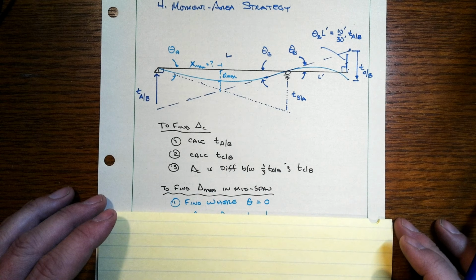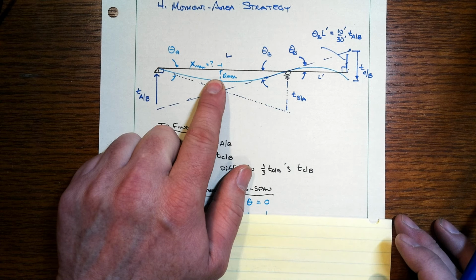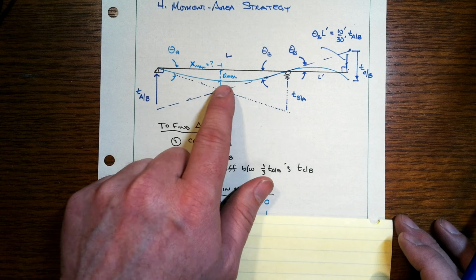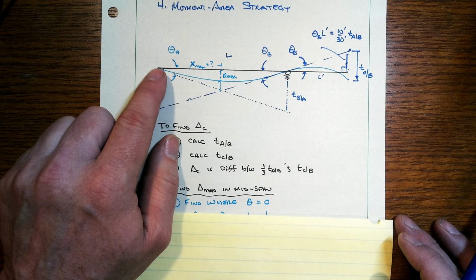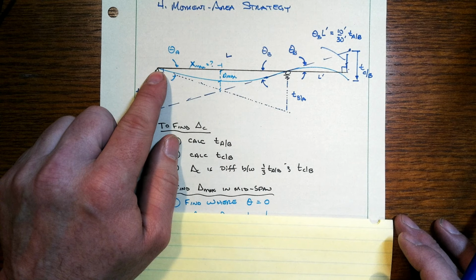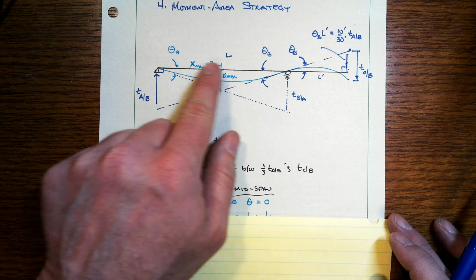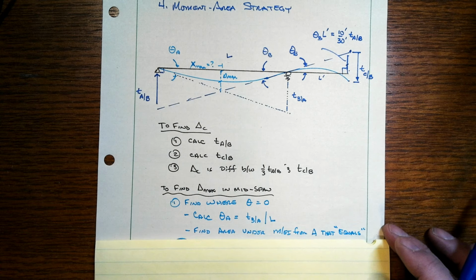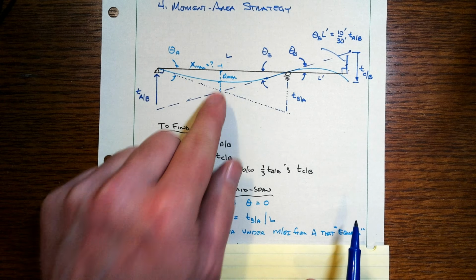Right? Now, if we want to find the value of delta max in the midspan, the problem here is we don't know where that's located, and it is not at the middle. We have to figure out where the beam has a zero slope. Right? So that's why I've got in here the theta A calculation, because I can go do the same thing. TBA divided by L gives me theta A, and then I can figure out, using the first moment area theorem, how much area I need to walk from A over to here to get to a zero slope.